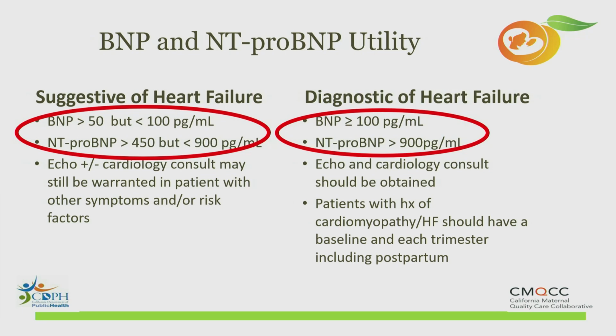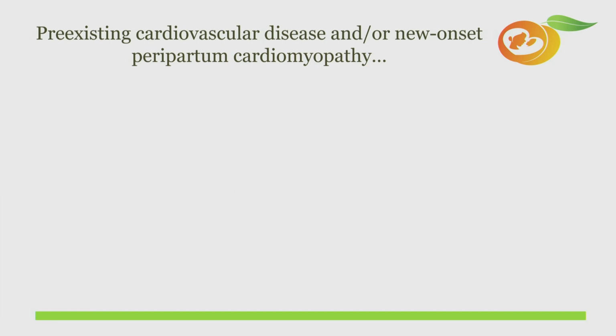I see that some of you answered 450, but NT-proBNP is also used in some hospitals, and basically greater than 450 but less than 900 is suggestive, and then over 900 for most intents and purposes is diagnostic of heart failure. Your cardiologist may differ in these by a little bit, 50 or 100, but most of them will agree with these numbers in general, but they will use one of these at your hospital to aid in the diagnosis of heart failure.